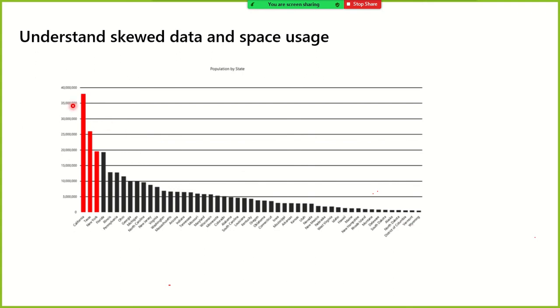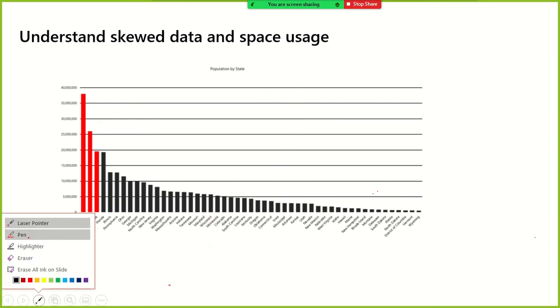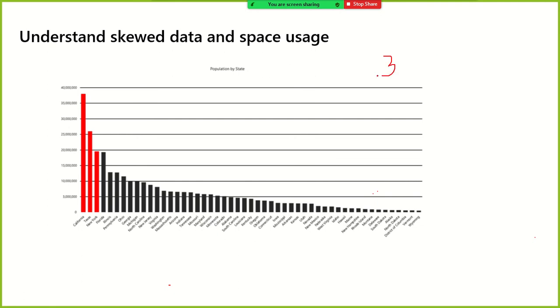Now you have the highest one that is having over 38 million people. Where are you going to store 38 million, like 38 million rows? What does that mean? Because when you talk about population, we are talking about people.